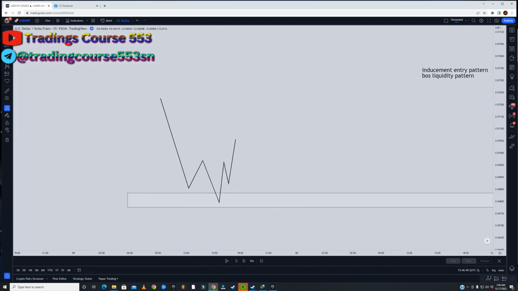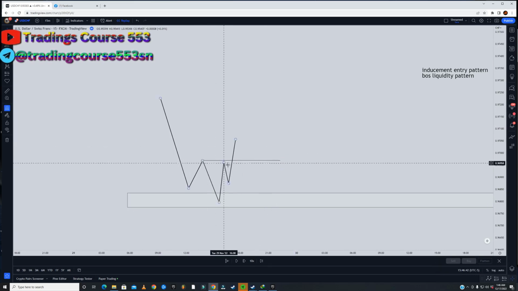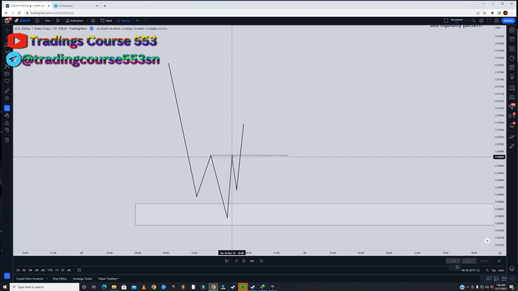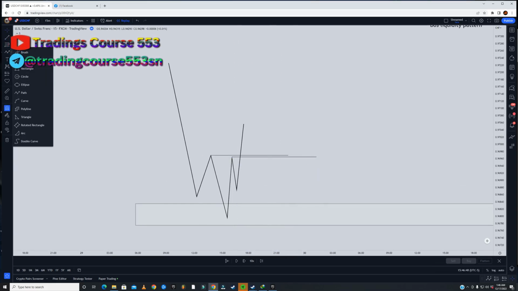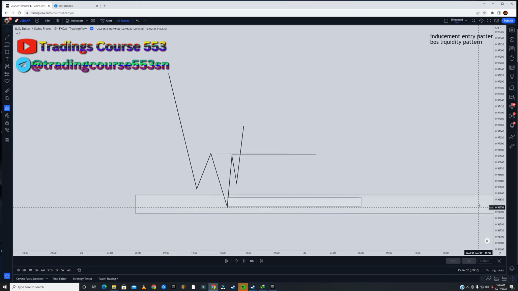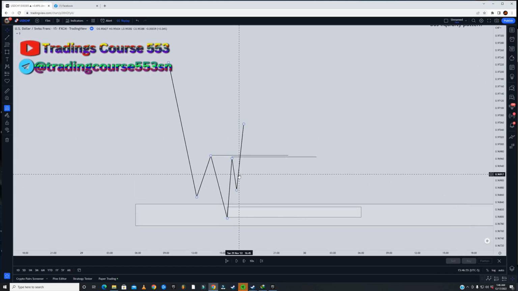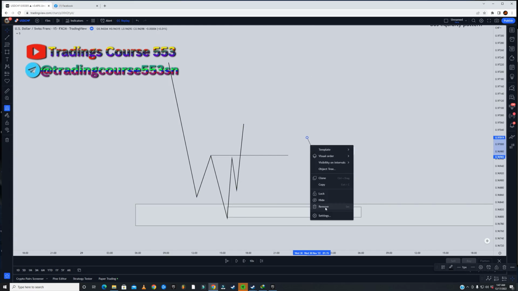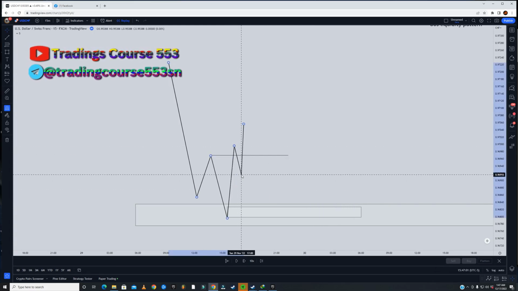So this is perfectly fine as well. So yes, you have a change of character here or market structure shift here, but price also had a break of structure. So your entry would be valid from this level as well. It's not necessary for price to shift the market structure and then break the structure.